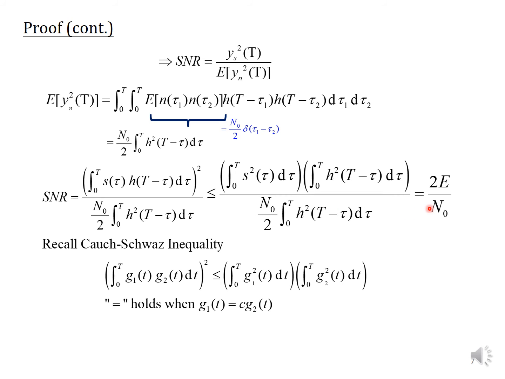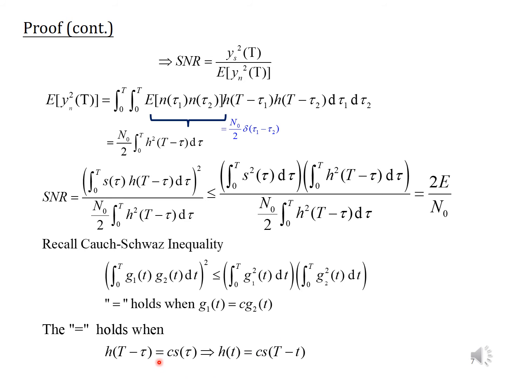So when would this SNR be equal? The equality holds when g1 and g2 are parallel, or the same up to a scaling. So this equality holds when s(tau) equals h(T minus tau), just a scaling.